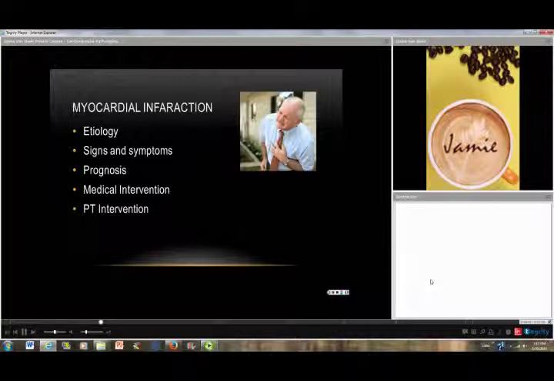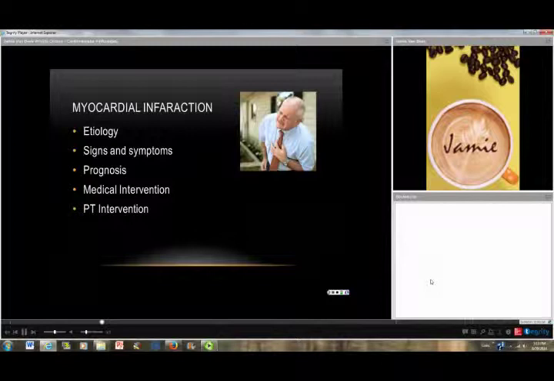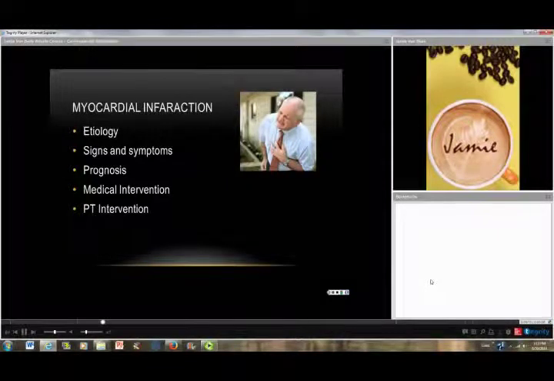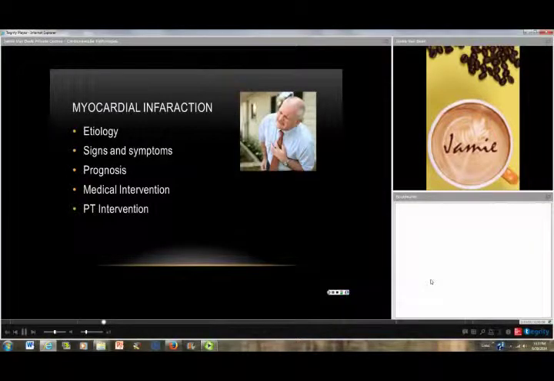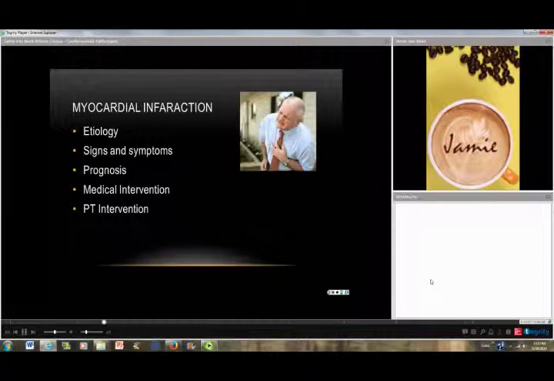I still remember the first time I went in to do therapy with him. He'd had a quadruple bypass. He had heart disease. He had had so many operations on his heart, and he had gotten pneumonia, and he had become very debilitated in the hospital. He couldn't quite go home because he had a number of stairs. And so he came to the skilled nursing facility, and I was treating him.